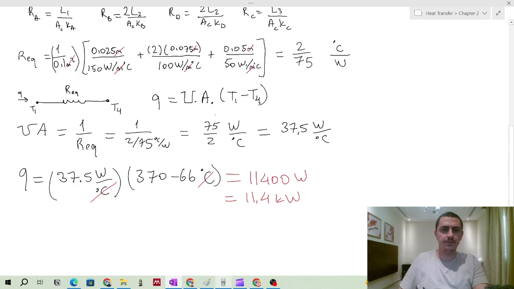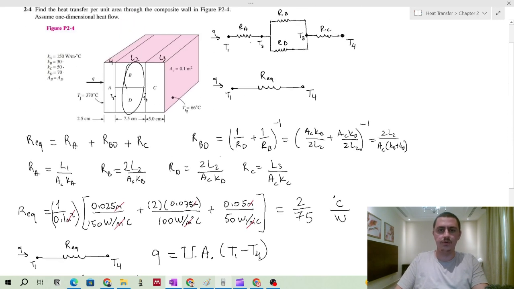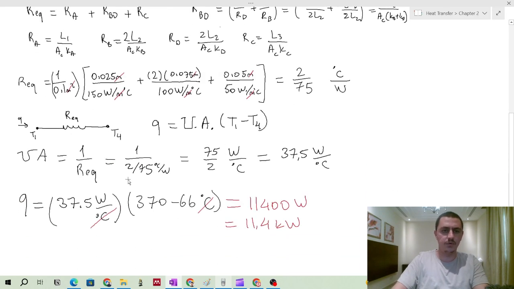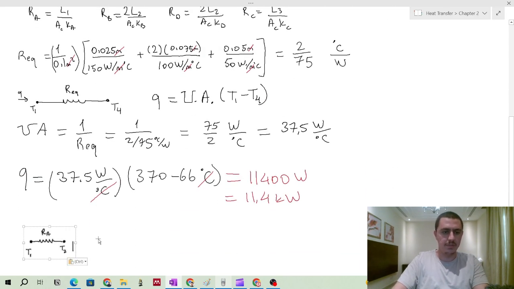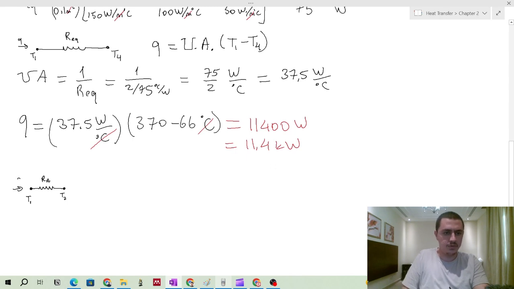And after that, we can use that value actually for finding all temperatures. For example, let me just show between T1 and T2. Then the remaining things maybe you can do it because it is not needed for this problem. We need only Q. But when we know Q, we can also find the other temperatures. Let me show as an example. Here you have Q coming like this.